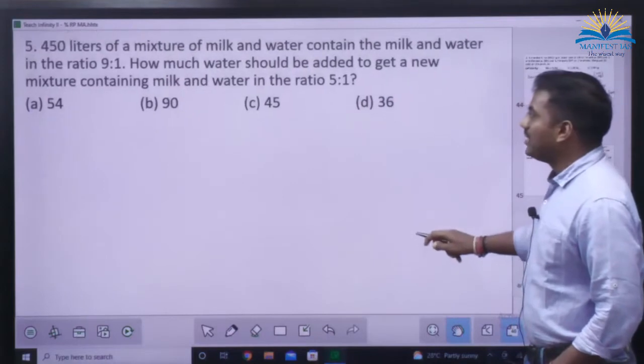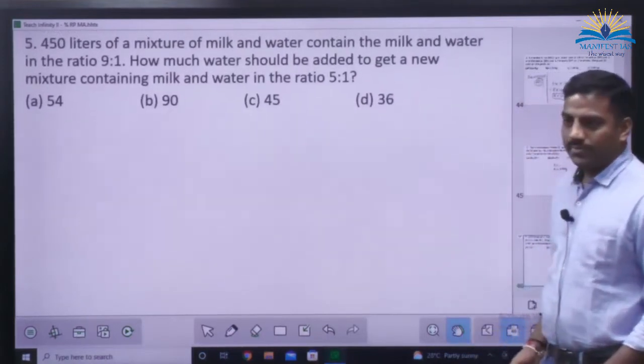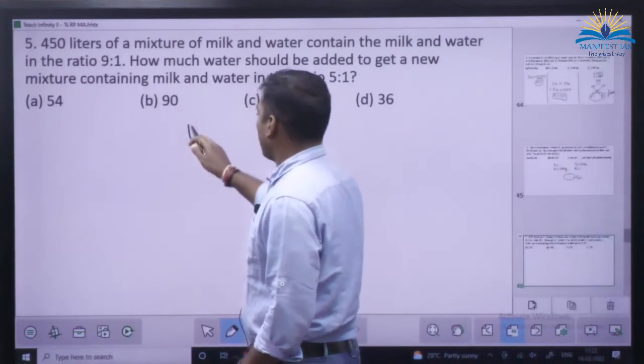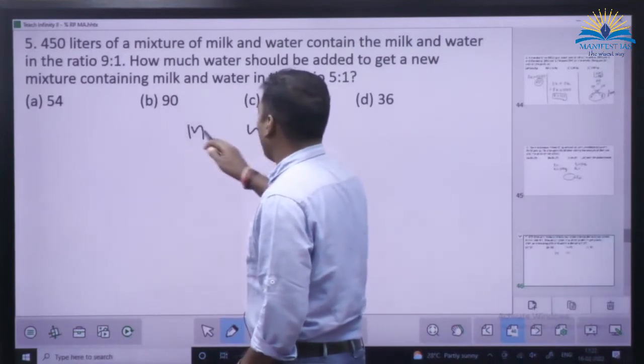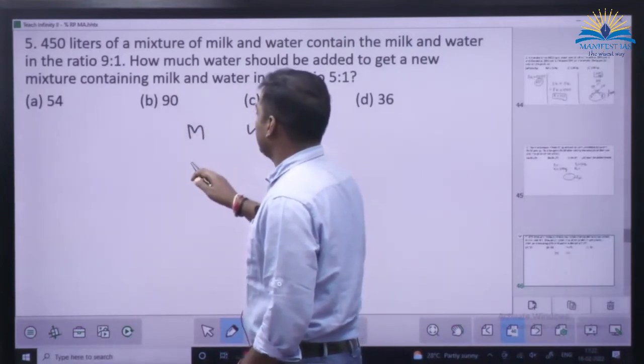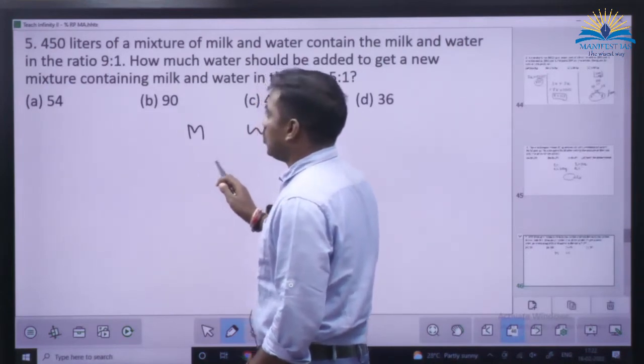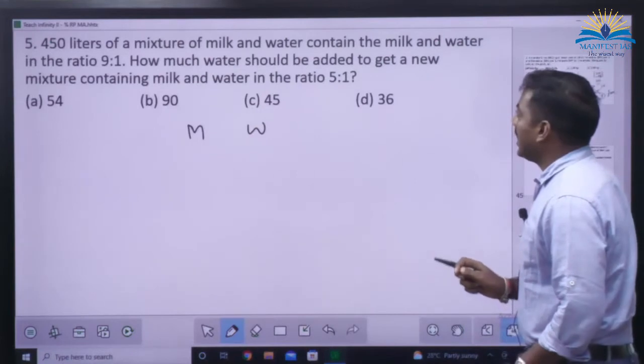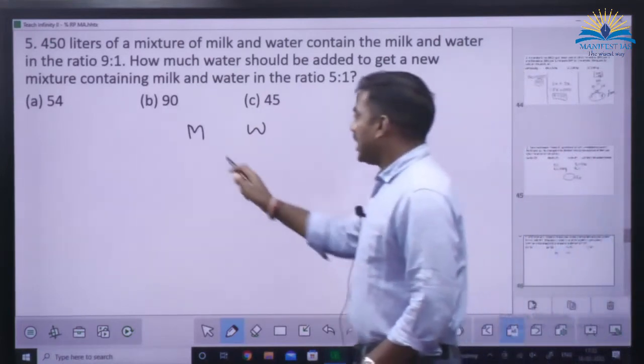450 liters of mixture of milk and water, totally 450 liters, contain milk and water in the ratio 9:1.